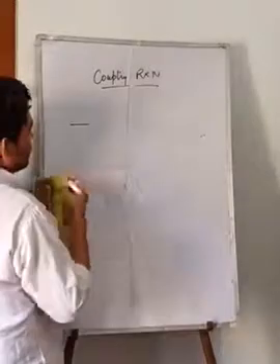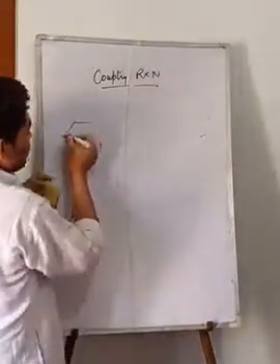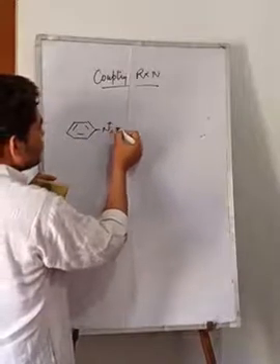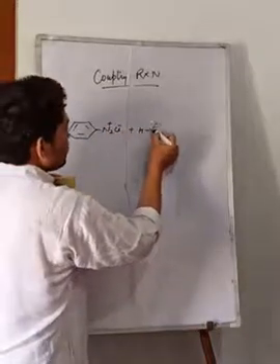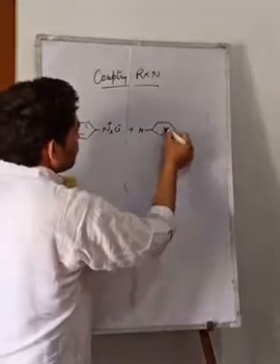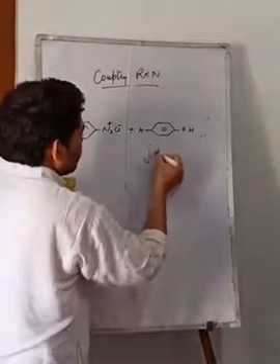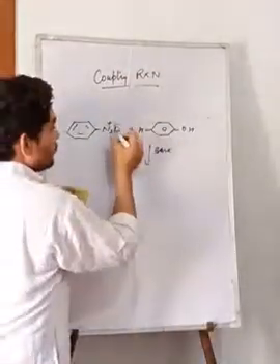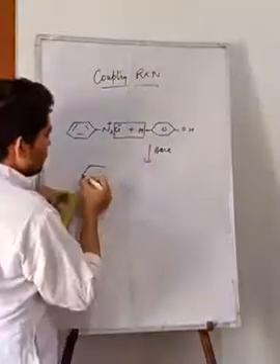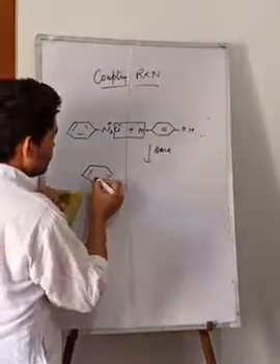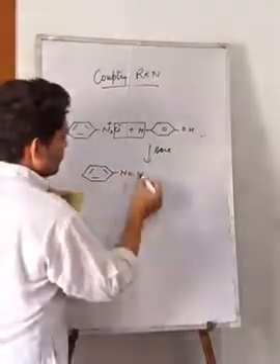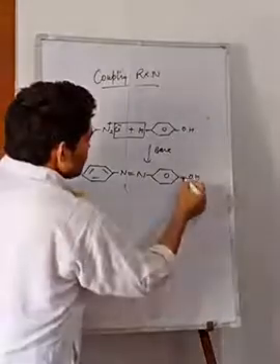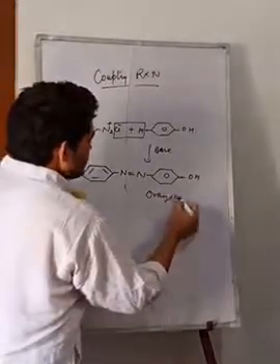When the diazonium salt is treated with phenol in the presence of base, there is the elimination of HCl and the formation of a colored dye known as orange dye.